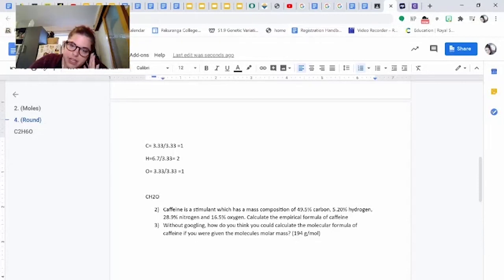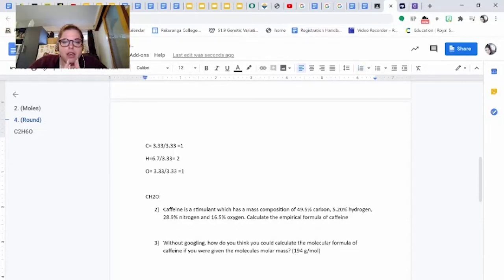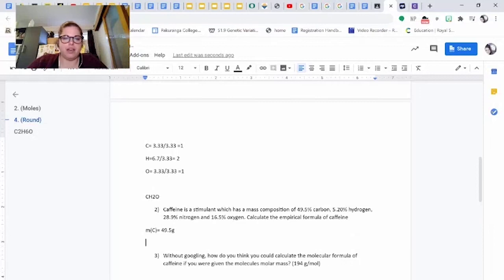This time we're using caffeine, so we need to work out the following masses. So I'm just going to go straight into our masses for this one. Carbon is 49.5, and then hydrogen is 5.2.